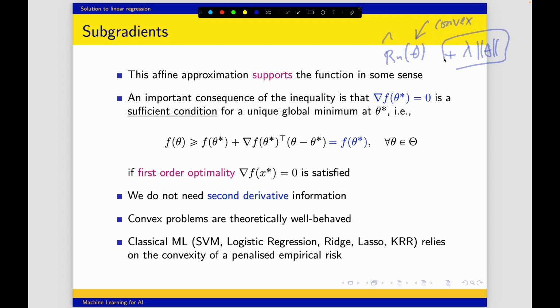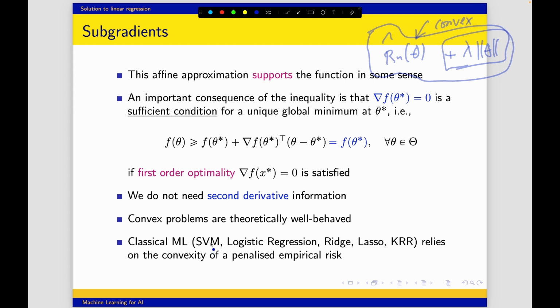And this also is convex. So we've got a convex plus a convex, and the whole thing is convex. This is our objective, what we want to minimize: the penalized empirical risk. All of these are essentially a penalized convex risk. The whole thing is convex.